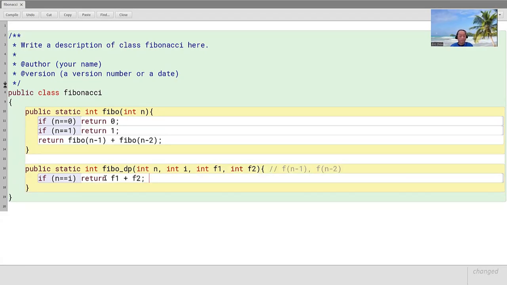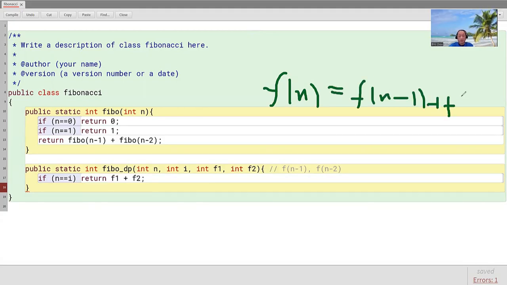That says that f of n will be equal to f of n minus 1 plus f of n minus 2.